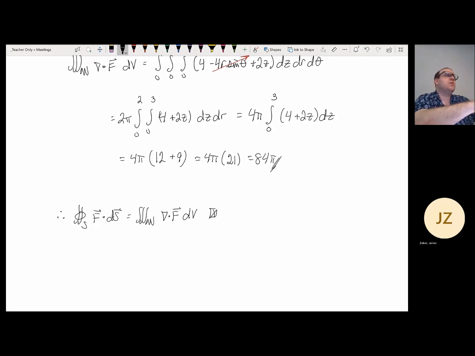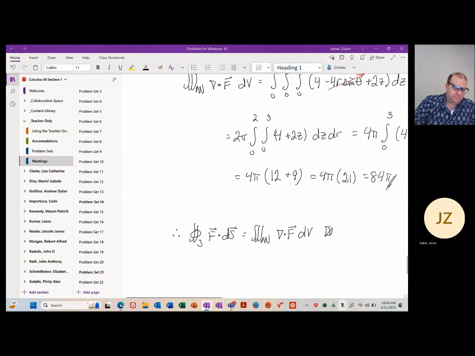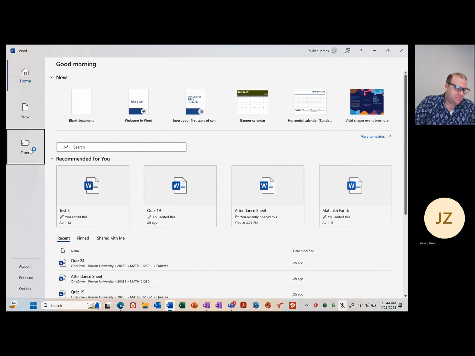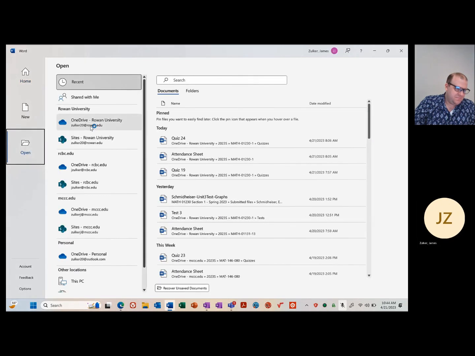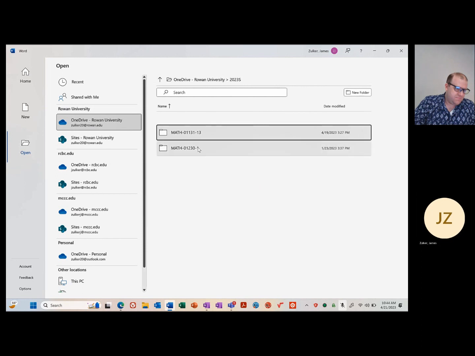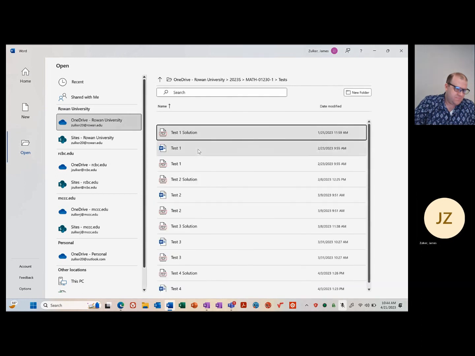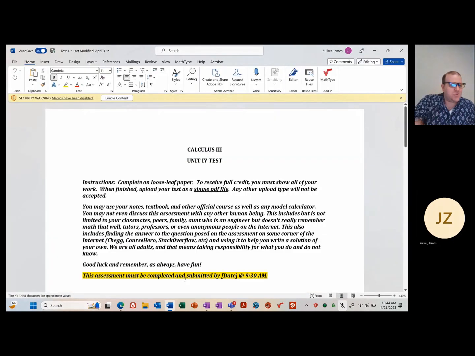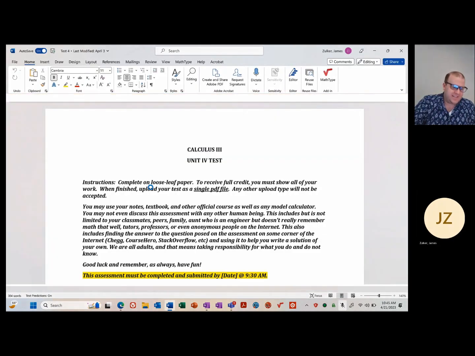Here's what I think I'm going to do. Oops, I did not want to open my mail. I will just go ahead and post the Unit 4 test now.